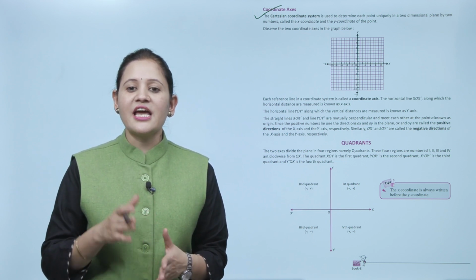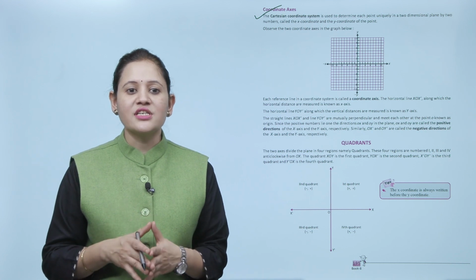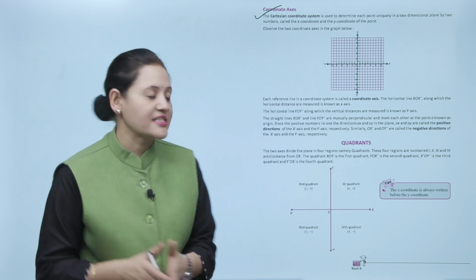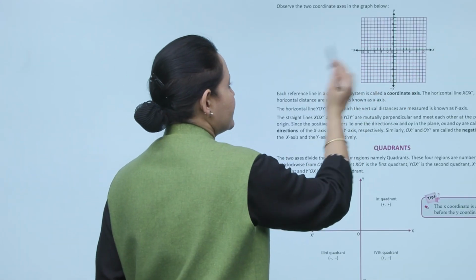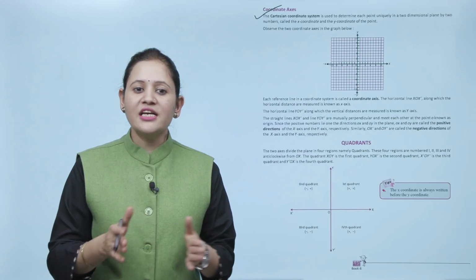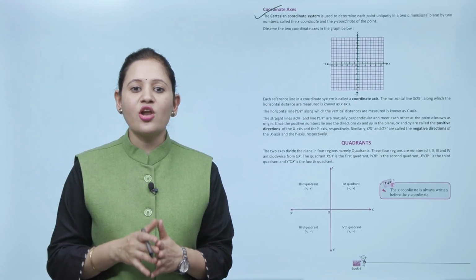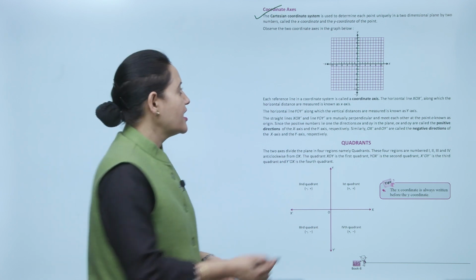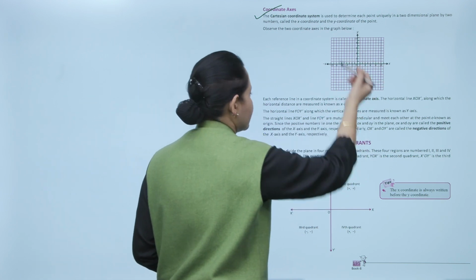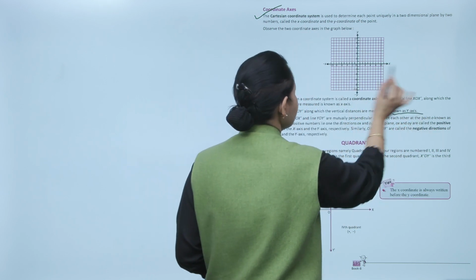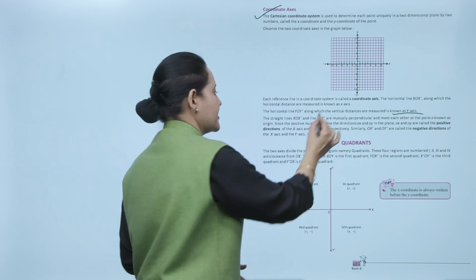The horizontal line X'OX, along which horizontal distances are measured, is known as the x-axis. Clear? The vertical line Y'OY, along which vertical distances are measured, is known as the y-axis. This vertical line Y'OY represents the y-axis, and this represents the x-axis.